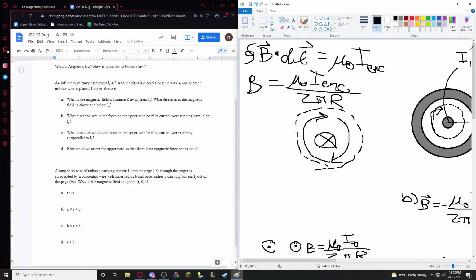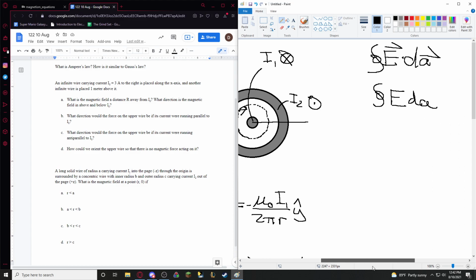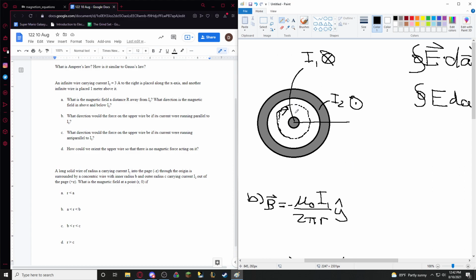So what changes for Ampere's law here compared to these two simpler examples? The only thing that changes should be the I enclosed. Exactly. How do we find I enclosed for a radius r less than A?